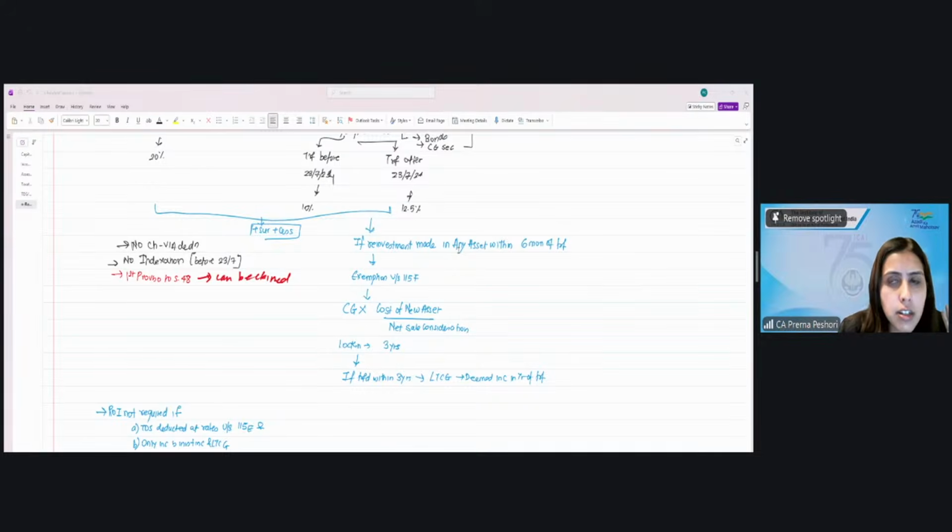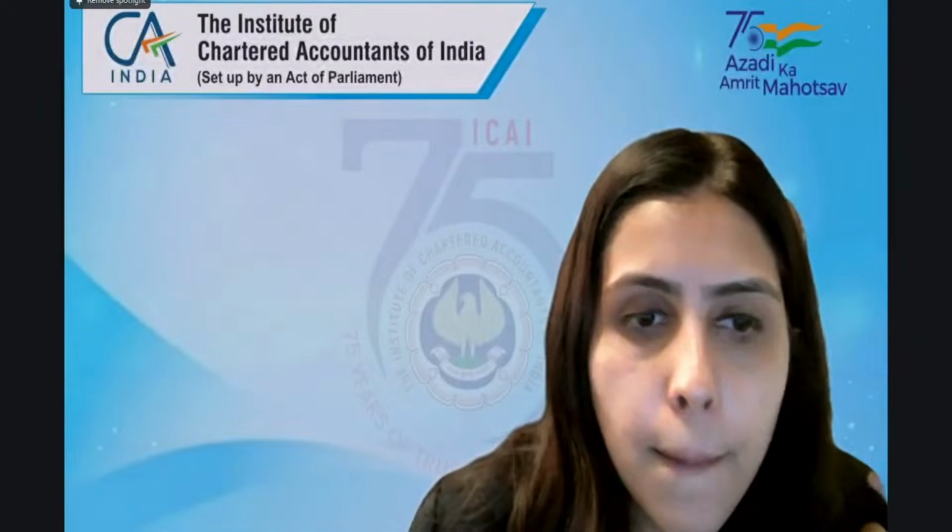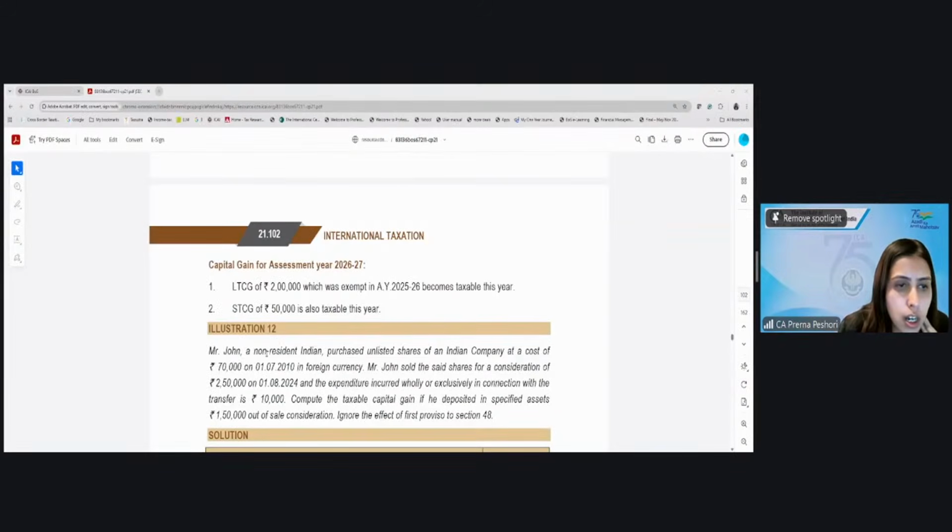So let us look at the question from your module in this regard. Mr. John, an NRI, purchased unlisted shares of an Indian company at a cost of 70,000 on 1st July 2010 in foreign currency. He sold the shares for 2,50,000 on 1st August 24, and the expenditure incurred wholly and exclusively in connection with transfer is 10,000.